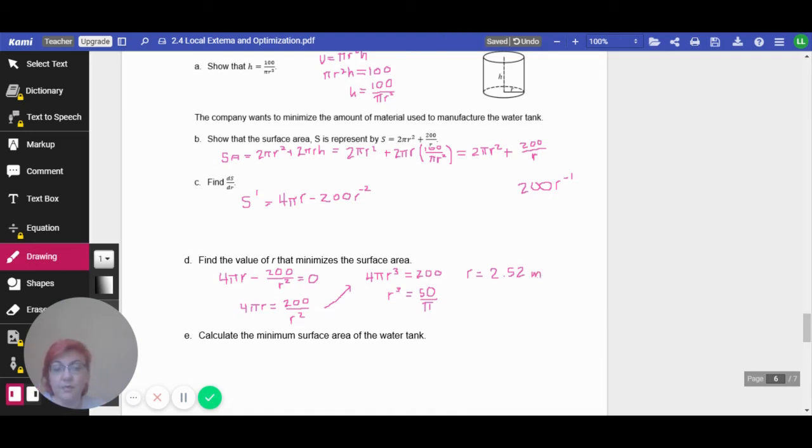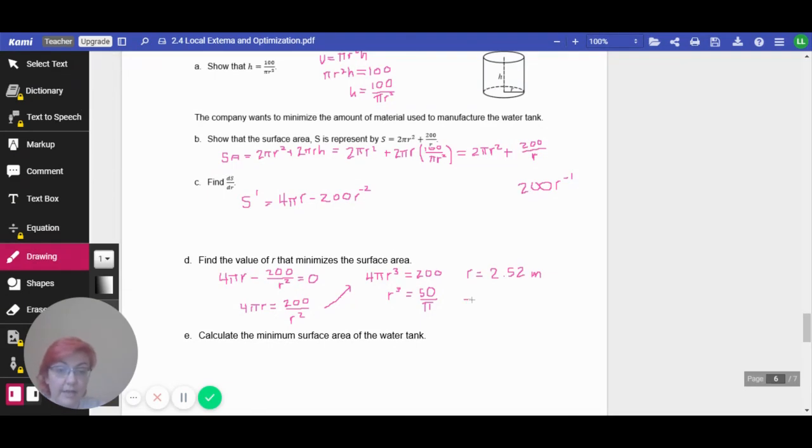Okay. Now, let's calculate the minimum surface area of the water tank. And if you want to make sure that you have a minimum, you can always take an R value that's less than this. Let's say 1. If I were to plug 1 in here and say 4 pi times 1 minus 200 times 1 to the -2, I would get a negative value.